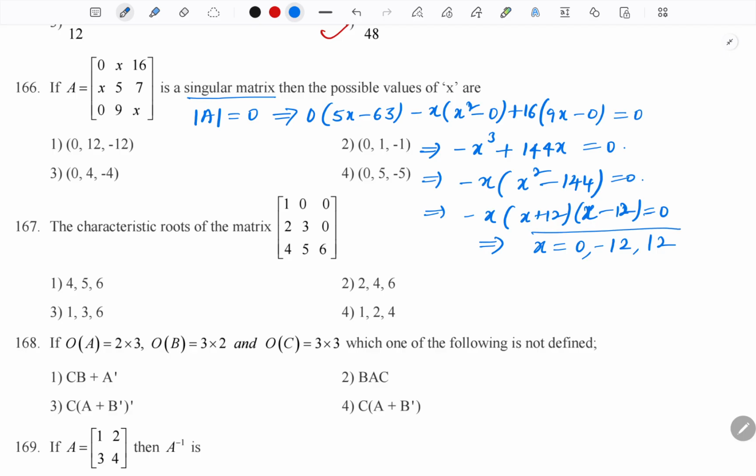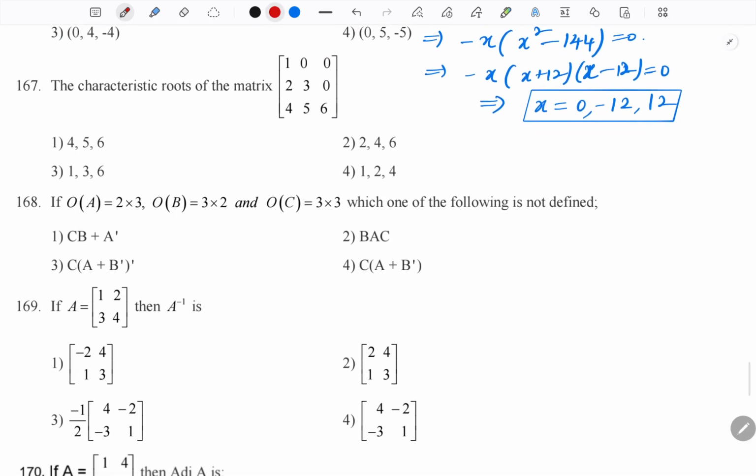Is there any other possibility for x to go to 0? If x is 0, 0 into anything is 0; if x is minus 12, minus 12 plus 12 goes to 0, 0 into anything 0; plus 12, 12 minus 12, 0. These are the only 3 possibilities. So what are the possible values of x here? 0, 12. So option 1 is correct.